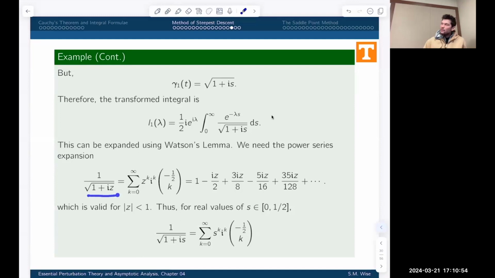For this, you need to know a little bit about complex power series, which we didn't cover. But the nice thing is that the binomial expansion theorem that I told you about before for real-only variables works in the complex case as well, and it has the same conditions for the radius of convergence.